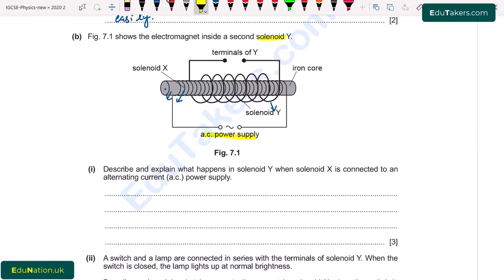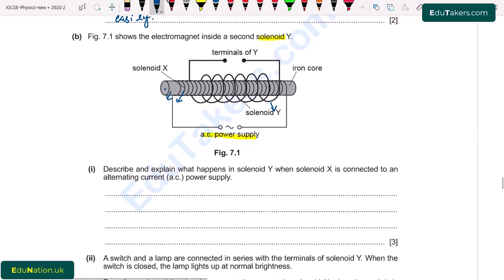When it is connected with solenoid X, an alternating magnetic field is produced in X. Due to this, there is electromagnetic induction in Y, which means that due to the magnetic field in solenoid X, there must be a magnetic field in solenoid Y because of electromagnetic induction. As a result, an induced EMF is produced in Y.